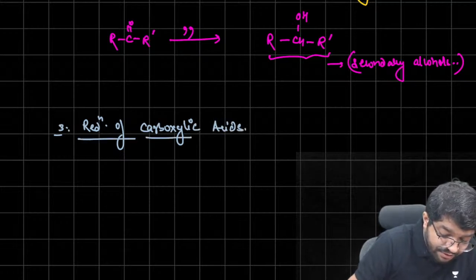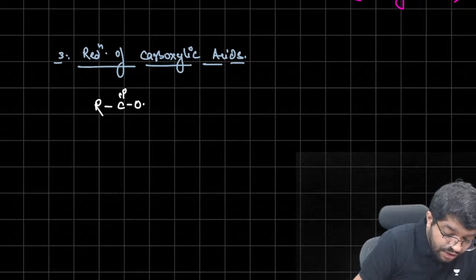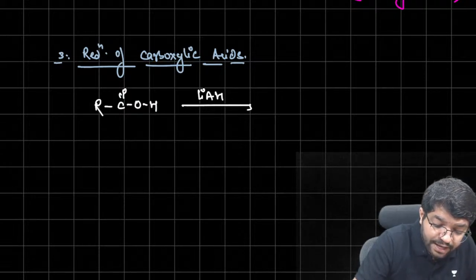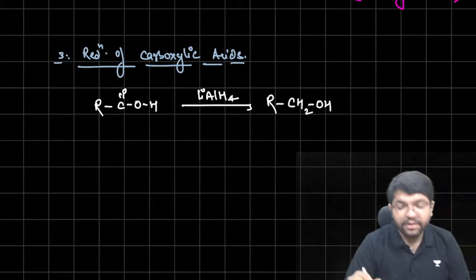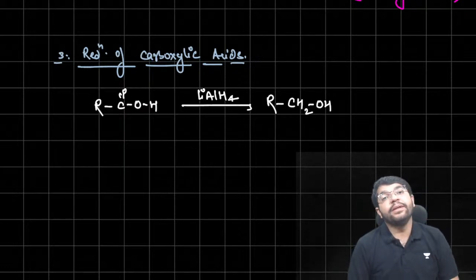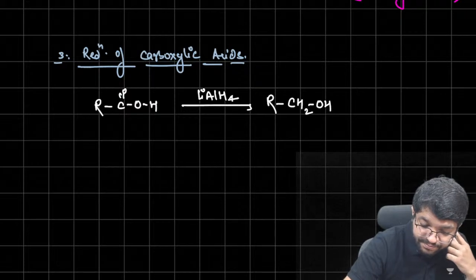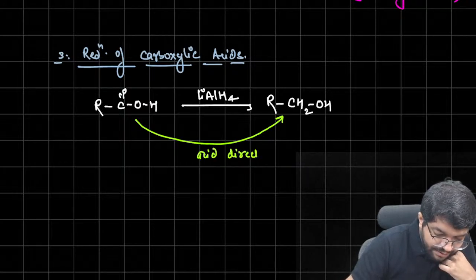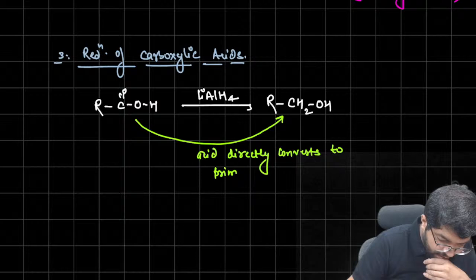And where do we get this stuff? It is going to be RCOOH in the presence of LiAlH4, which results in RCH2OH.